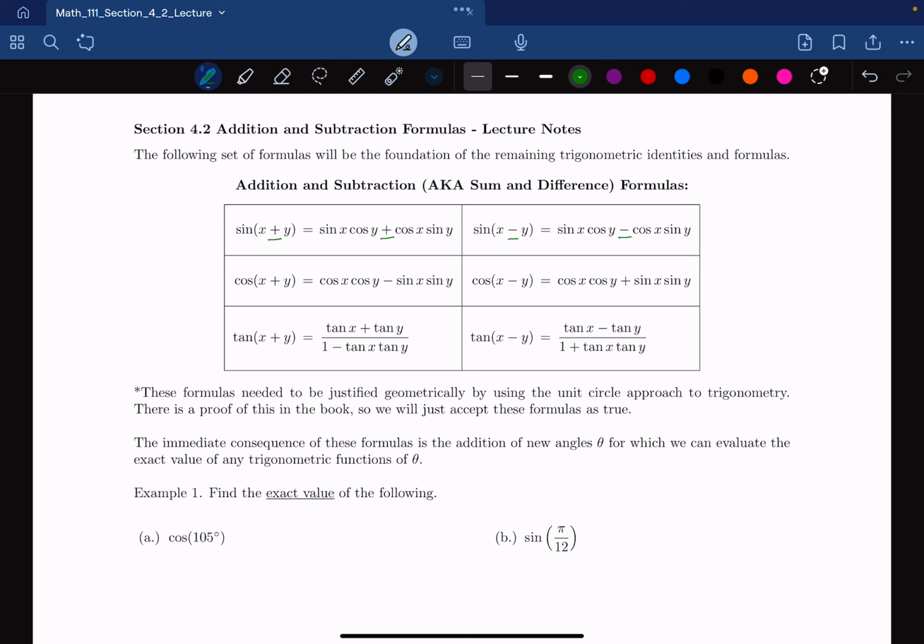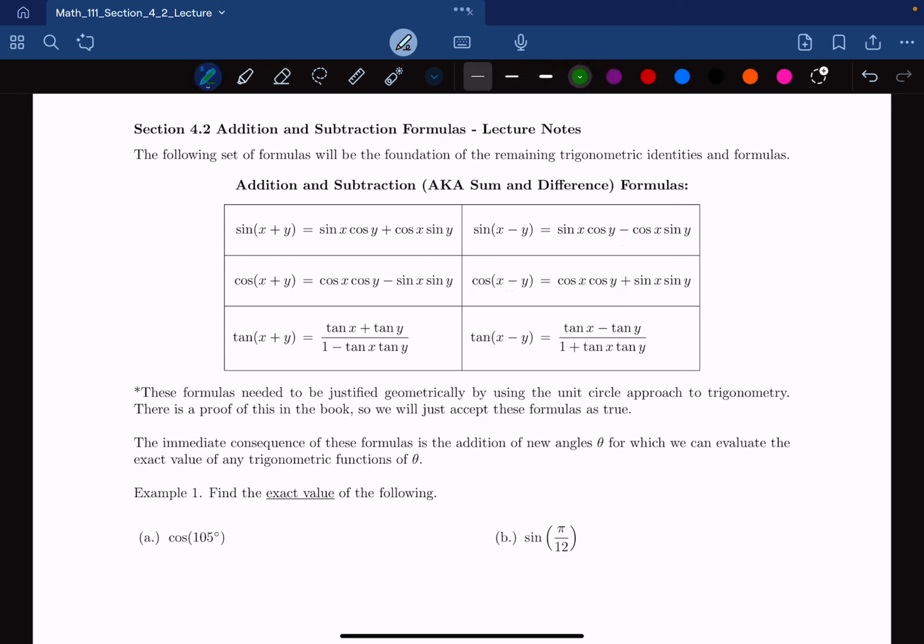Whereas for cosine, it's really the flip. Cosine of x plus y actually gives us a minus on the outside, and for subtraction, cosine of x minus y gives us an addition on the outside. So it's kind of flipped for cosine, but then stays the same for sine. That's one of the patterns.